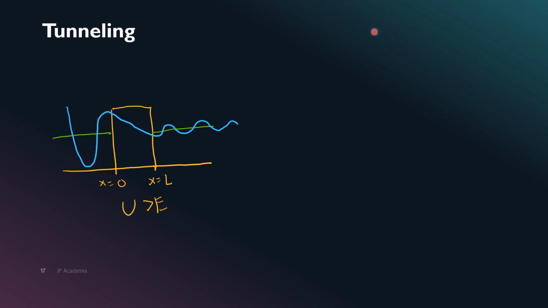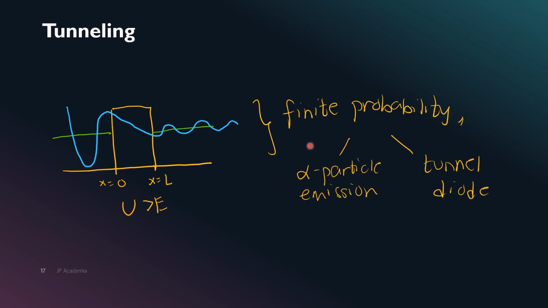However, when we solve the Schrodinger equation, we find an exponential decay for the wave function within this barrier region. Thus, there is a finite probability that the particle will tunnel through this barrier. This is observed in alpha particle emission and in the tunnel diode.